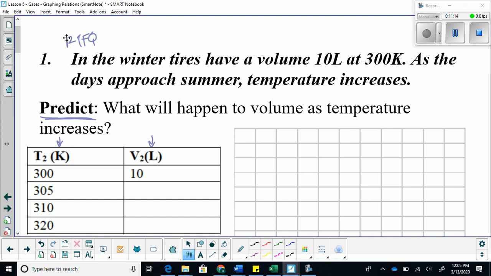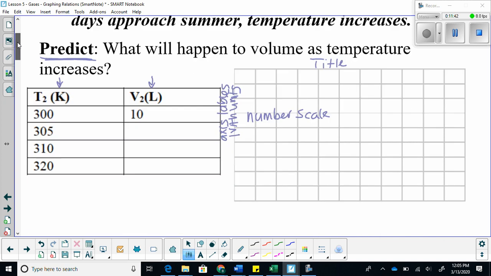Your graph needs a title, axes labels, with an appropriate number scale, axes labels with units. So you're going to use the graph that I had previous as an example.